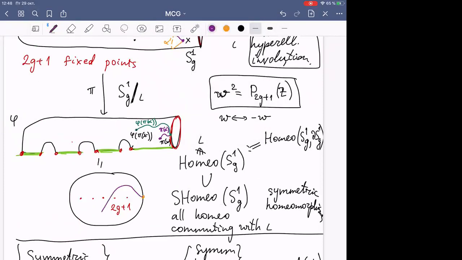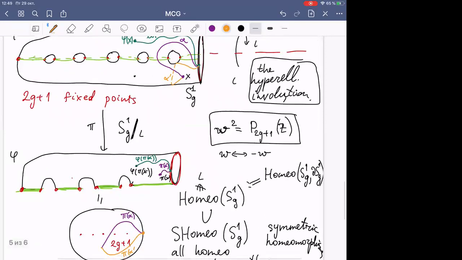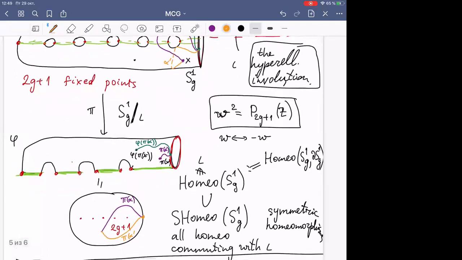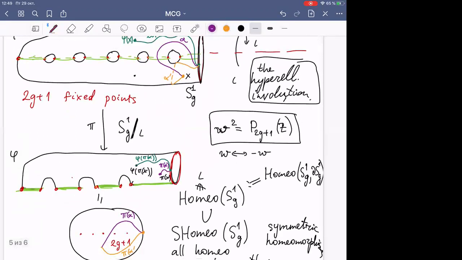I have this pi of alpha, and I have this pi of alpha prime. Since both of these curves lead to the same x, look, our covering has twofold branching at every one of these marked points.